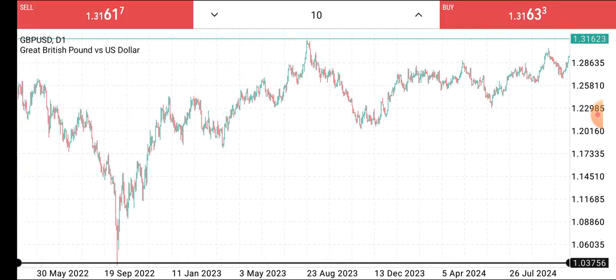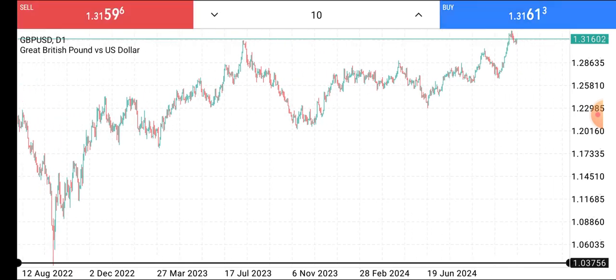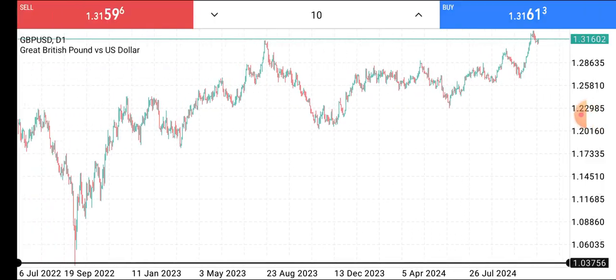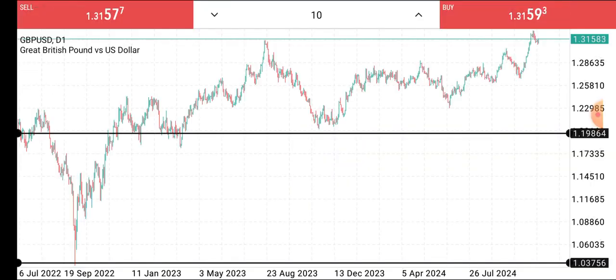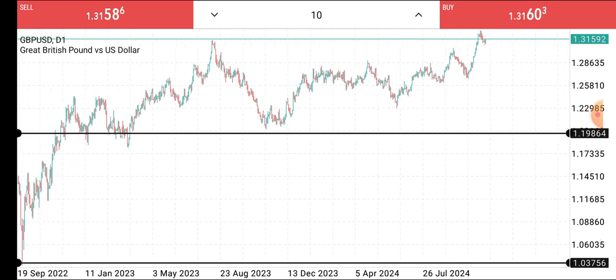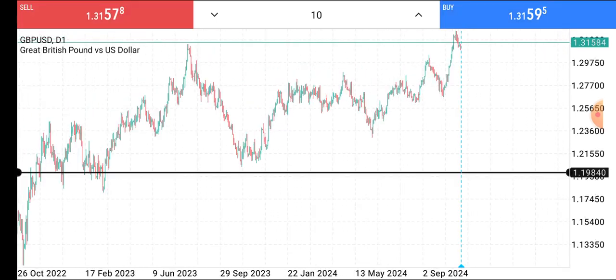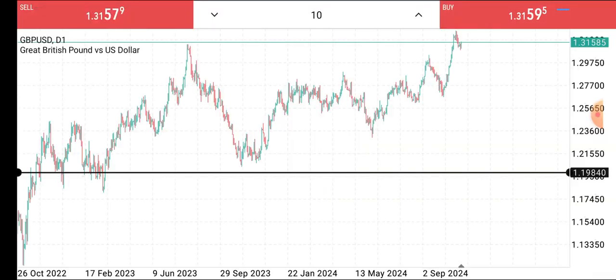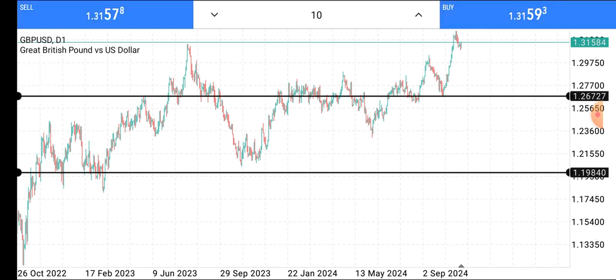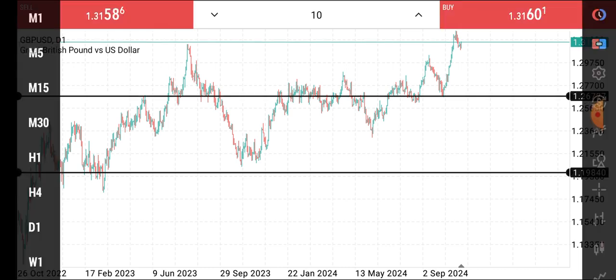This is a daily candle, and this is the immediate level where the market has made a high. You can see it couldn't break. The next one was here. It couldn't break. The market keeps going.